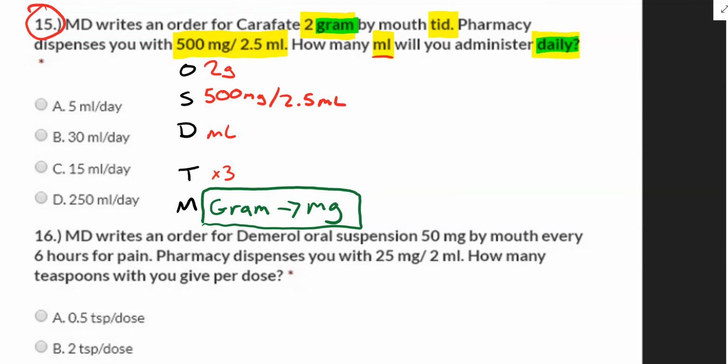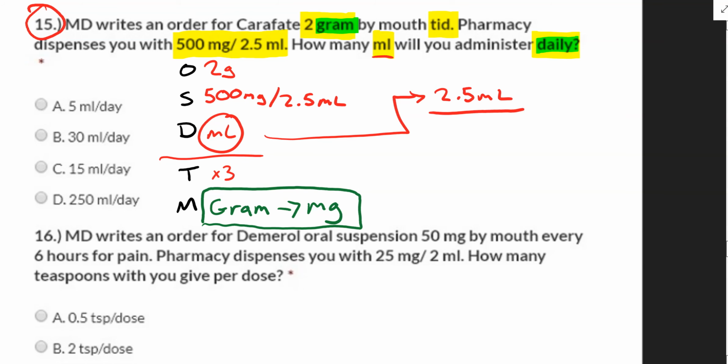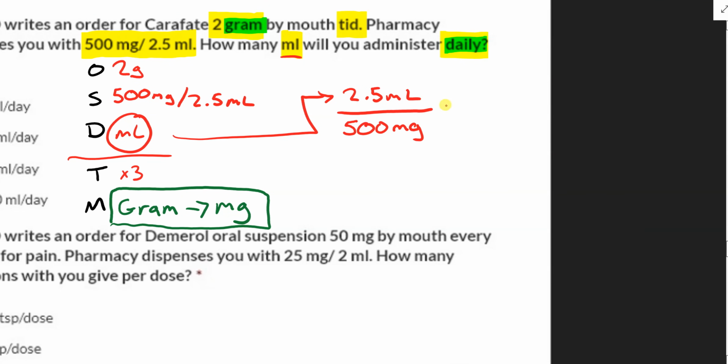So let's start setting this up. We know that we want mLs, so let's start with that first. So 2.5 mLs, and this might be a long one. Over 500 milligrams.